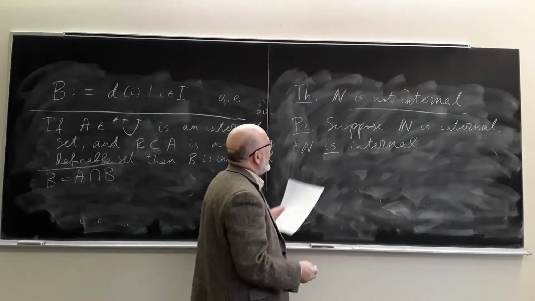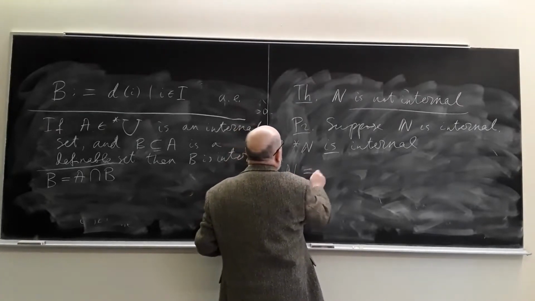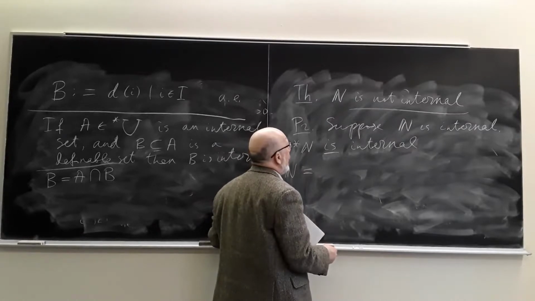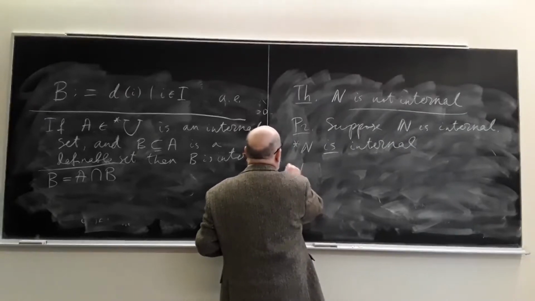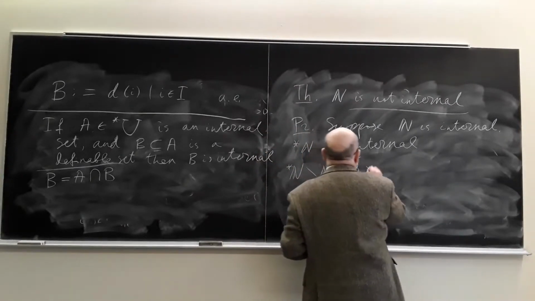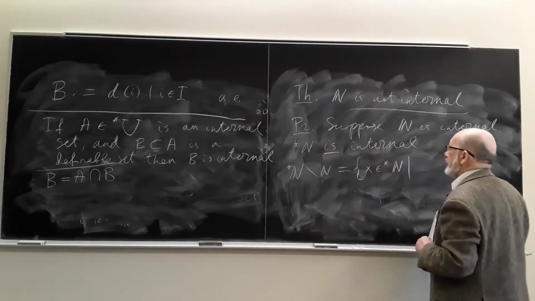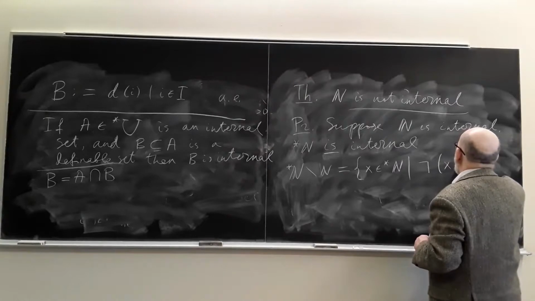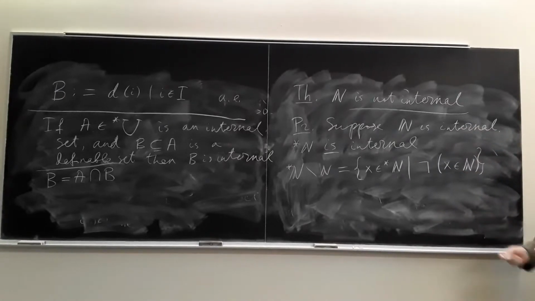So let us define a set by the following formula: star N minus N equals the set of, say, x in star N such that its elements are not in N. It is not true that x is in N. So this is the definition.